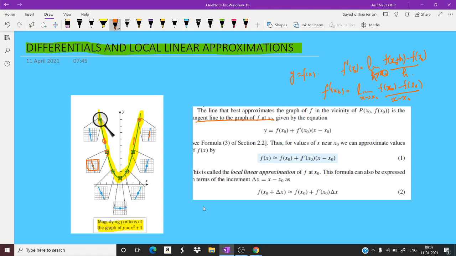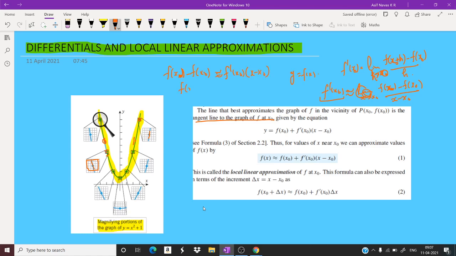Now we know that f dash of x naught is a real number. So if I want to find f of x minus f of x naught, this is approximately equal to f dash of x naught into x minus x naught.